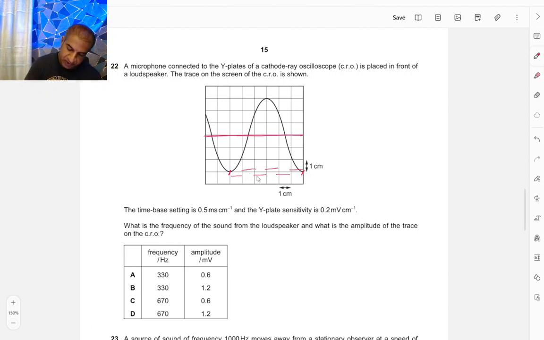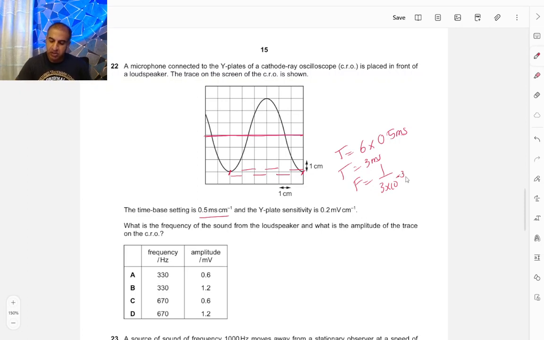Sure. So 1, 2, 3, 4, 5, 6. So we have 6 boxes. That means the time period is 6 multiplied by the time base, which is 0.5 milliseconds. 6 multiplied by 0.5 should give me 3 milliseconds. So the frequency is 1 over 3 into 10 raised to power minus 3.